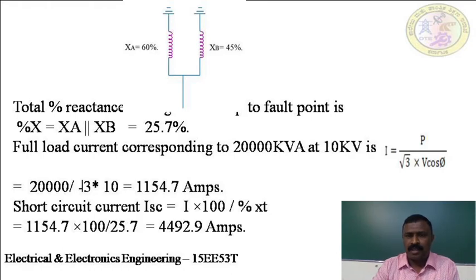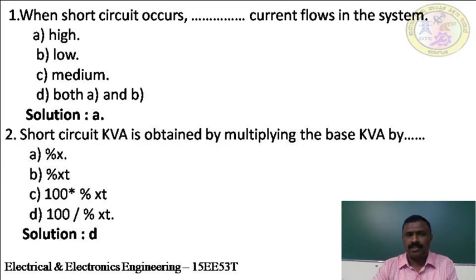Now we can take some multiple choice questions in order to check the knowledge on symmetrical fault calculations. First: when a short circuit occurs, dash current flows in the system.